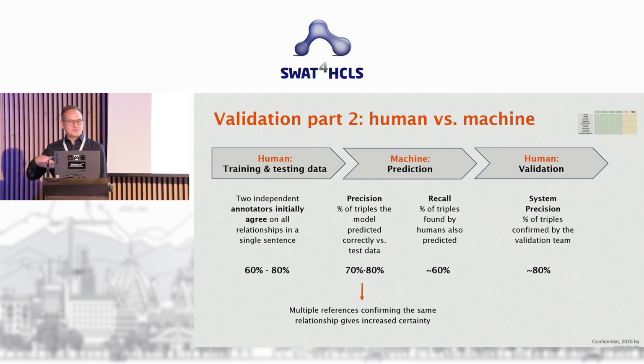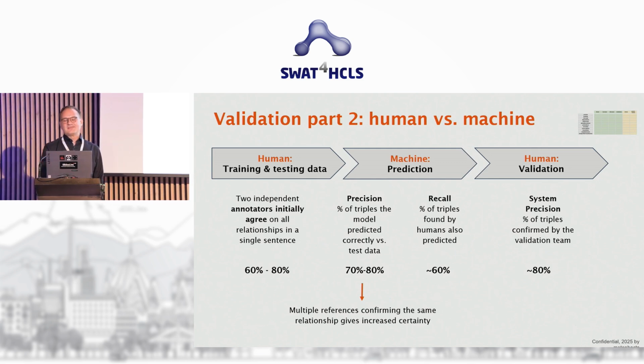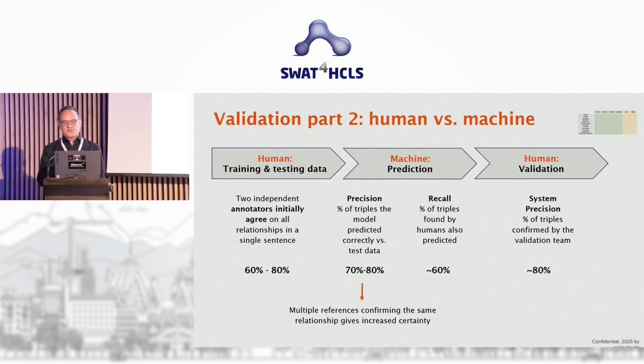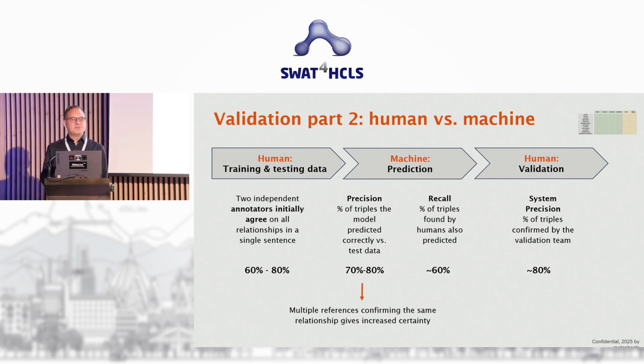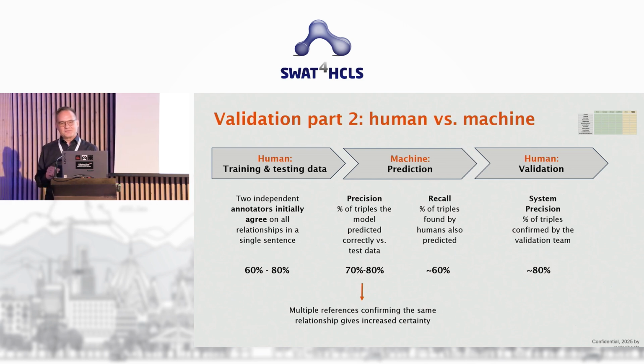Also, the language model, if you run it 2 times, you get different results, so this percentage can vary. But here we can say, in terms of precision, also confirmed by further human validation by other people, that 80% is something that can be achieved. But at the same time, the recall, I have to say, humans are still better.